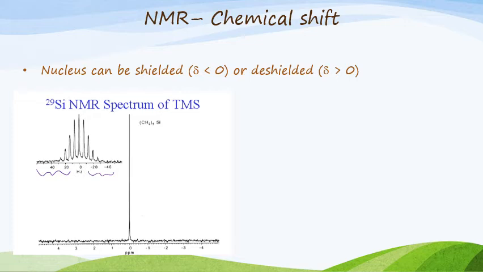Even if we're seeing a peak that's roughly at 0 delta, there is splitting involved, and we see chemical shift and how the nucleus can behave.